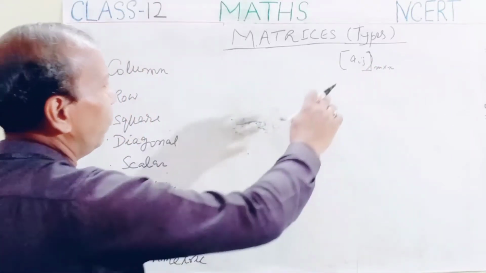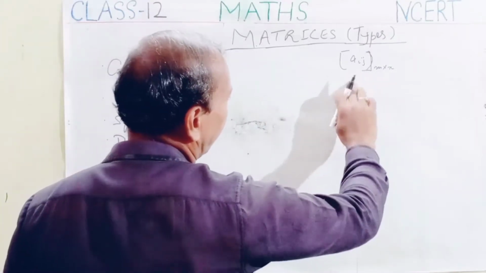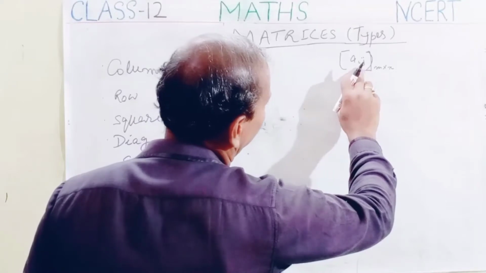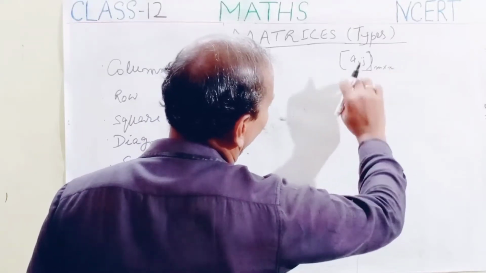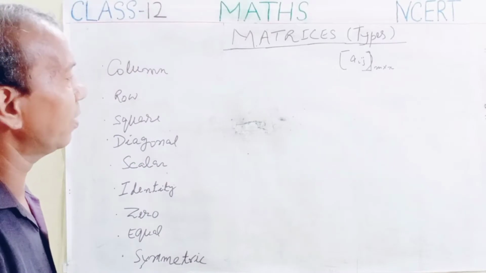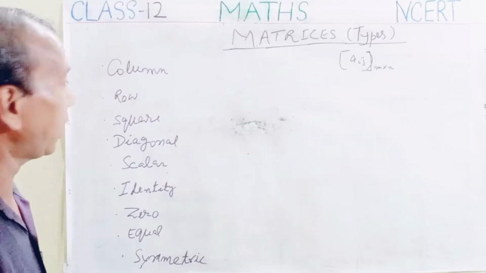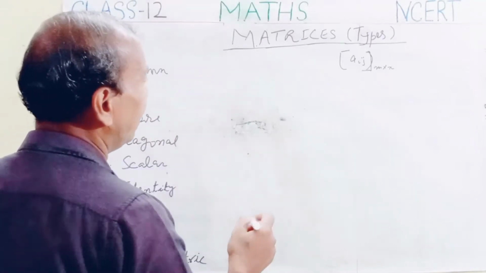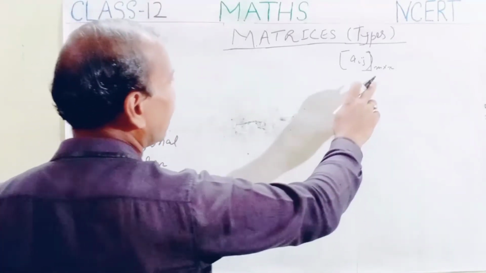So seeing these different properties for different types, we will change these all one by one. So we will get the different types of matrix. For example, suppose column is there. In the column, what will happen?